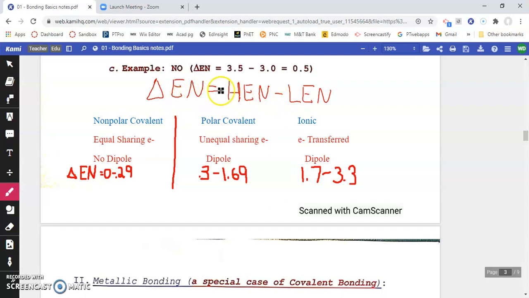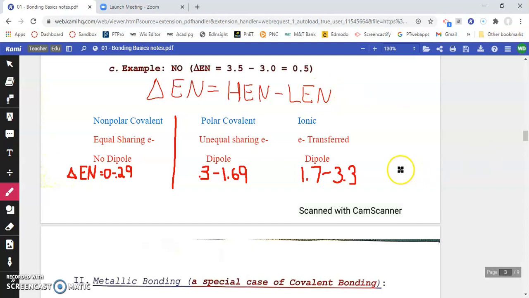So delta EN is high electronegativity minus low electronegativity. You can almost think about it as an absolute value. We are only concerned about the difference. It doesn't matter which direction we figure that out. We just want to know what the difference is.